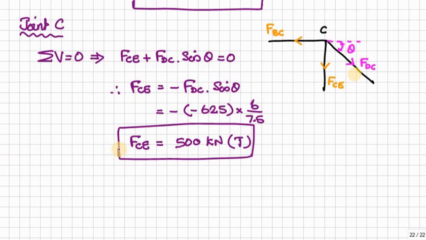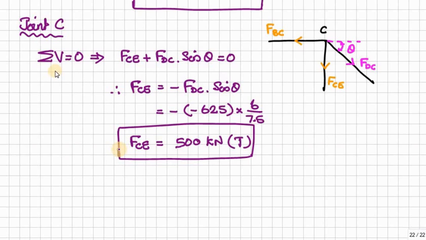Therefore, here also any equilibrium equation can be used first. Sigma V equal to 0 means you have to use the vertical component of the inclined force, which is known, and the F_CE. Similarly for horizontal, the horizontal component of F_DC which is known, and F_BC which is unknown. In either way, you can always use sigma V equal to 0.